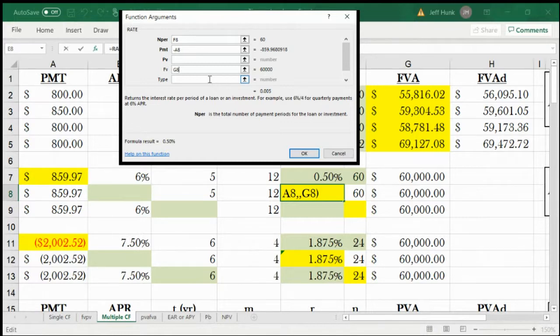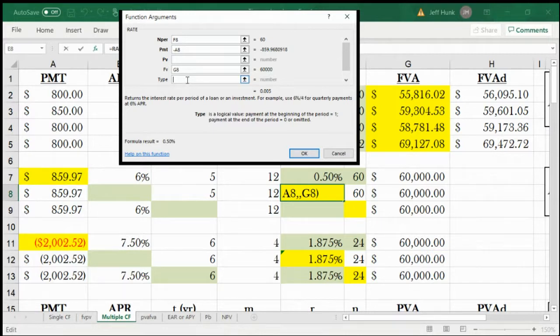The term ordinary means that's ordinarily what it is, right? So if it is ordinary annuity, you either leave it blank or enter zero. You don't have to enter zero because it's by default ordinary. If it is annuity due, you put one there.